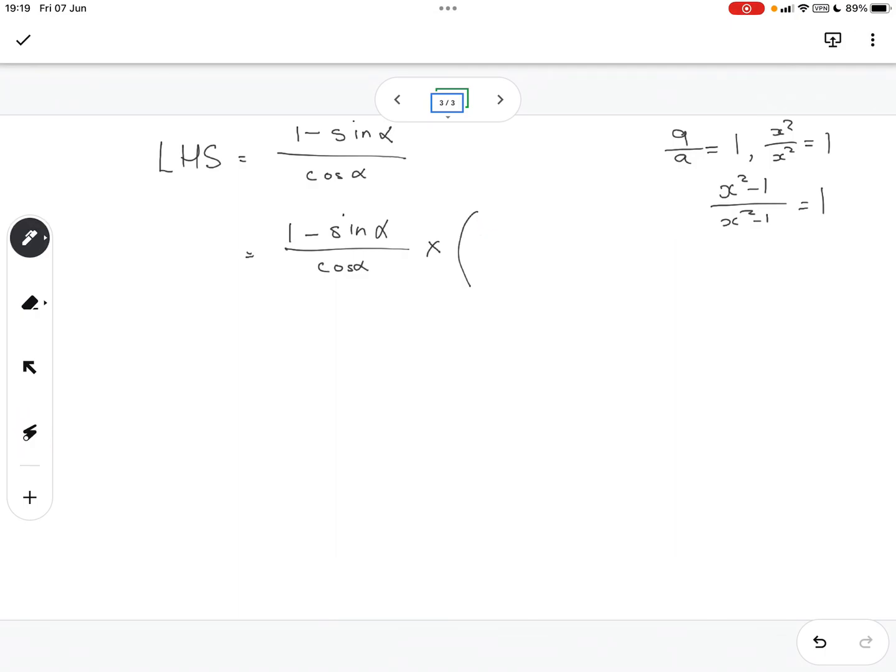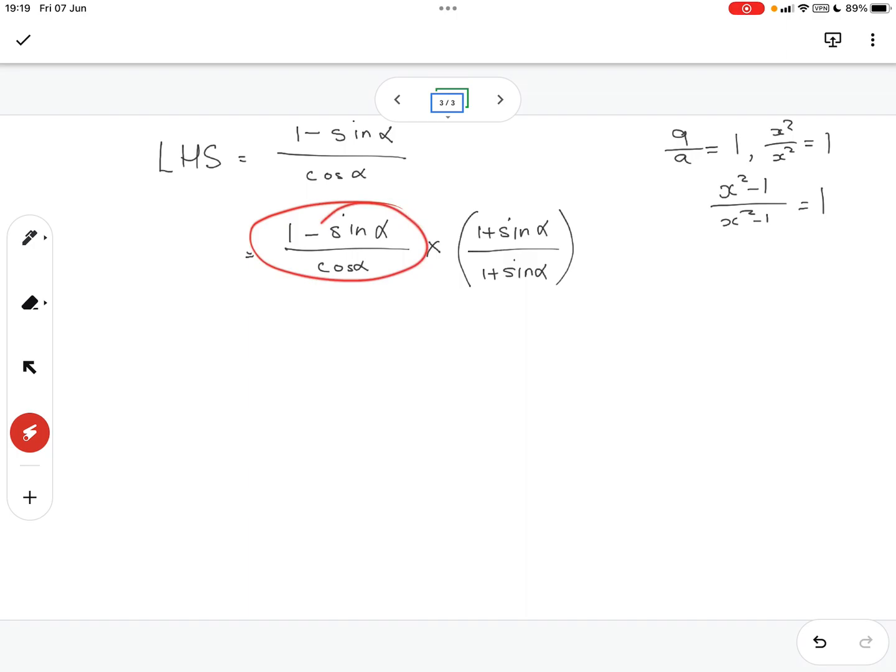Do you see that? Ne? So because in maths we have this, we can multiply with 1 plus sine alpha over 1 plus sine alpha.